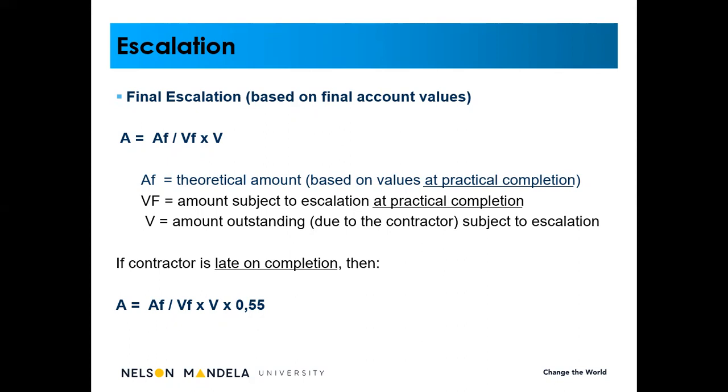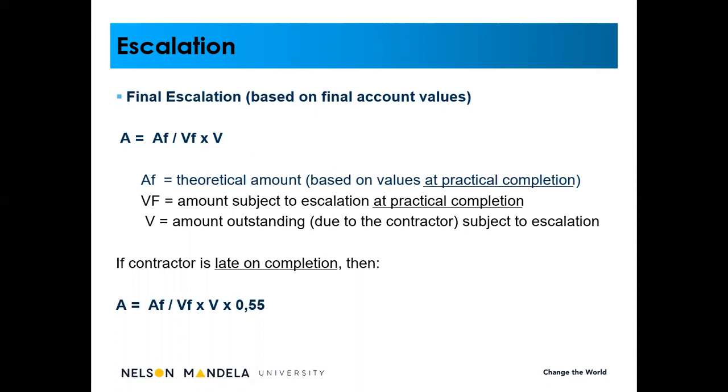VF is the amount subject to escalation at practical completion. So you'll note that the AF and the VF values relate to practical completion. The V amount is the amount that is due to the contractor or outstanding subject to escalation based on the final account.